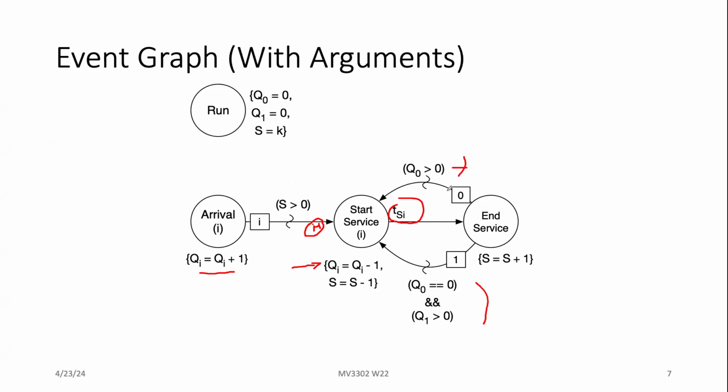So only one of these can be true. The other thing with respect to arguments is that the arguments are not arbitrary. You can't just put I everywhere and make it work. It has to be deliberate.